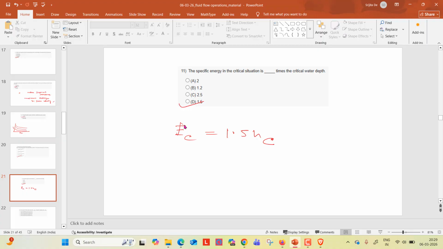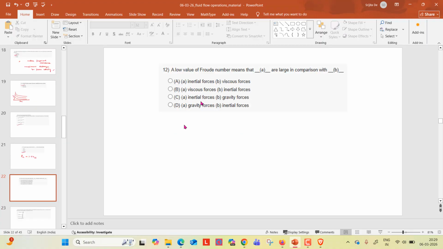Next, a low value of Froude number means these are large in comparison with this. So what we have seen, Fr is the root under inertial forces by gravity forces, right?